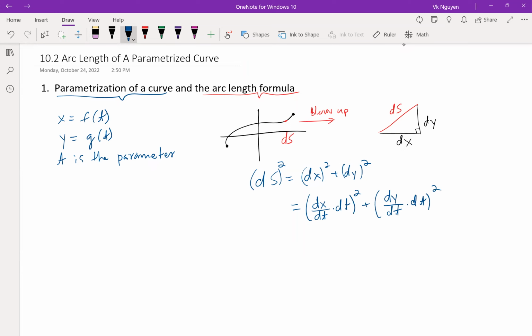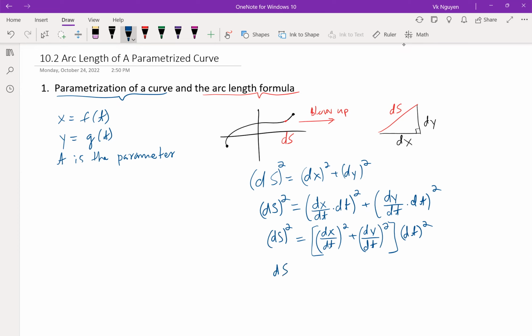And then from there, we see that we can factor out the dt squared: (dx/dt) squared plus (dy/dt) squared, times dt squared. So this is still ds squared.